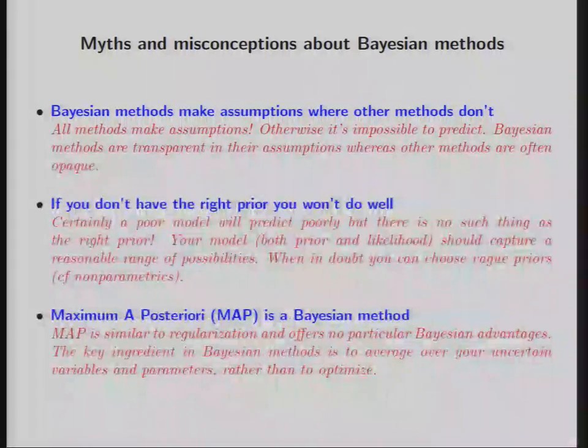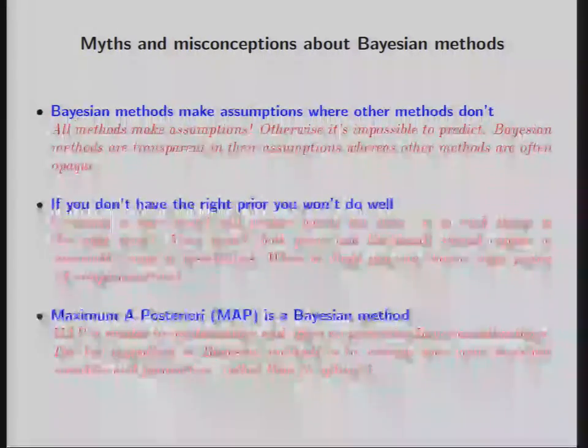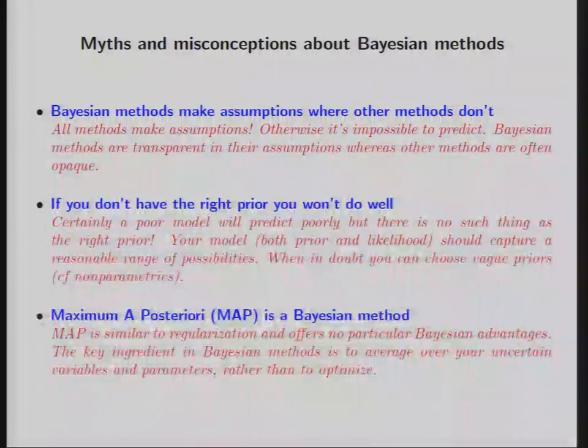What the Bayesian framework does is it forces a sort of almost obsessive transparency in your assumptions. You have to write down all of your assumptions in the language of probability theory. And what that means is that then people look at it and your assumptions are so obvious they start questioning them.